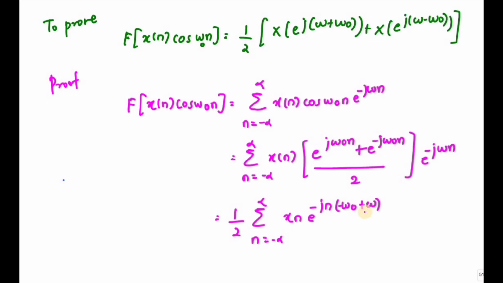Then again I can split this as plus summation n equal to minus infinity to infinity x of n e power minus j (omega plus omega naught) n.